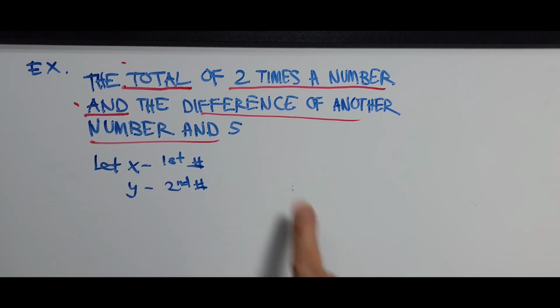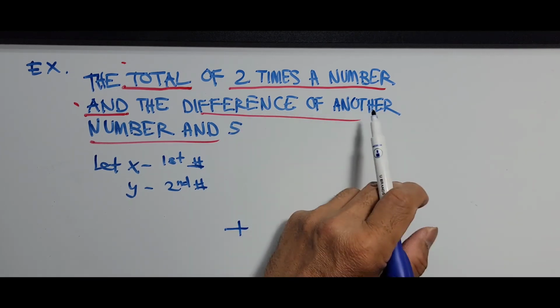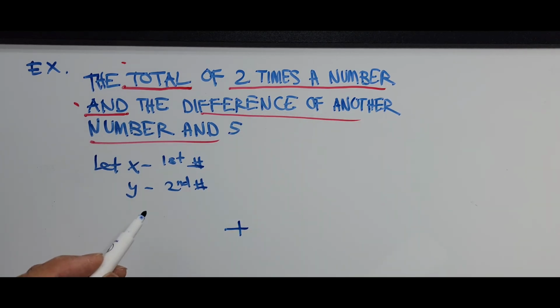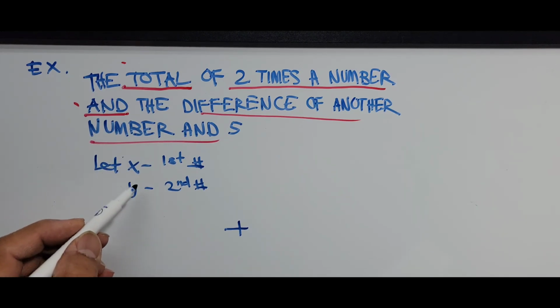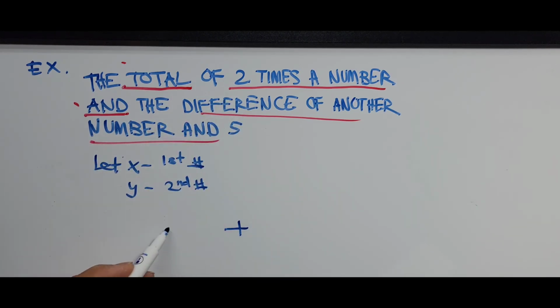All right, we signified those 2 variables. We have total, which signifies addition. Now it says 2 times a number, so we're talking about x over here, the first number. 2 times the number means 2x.